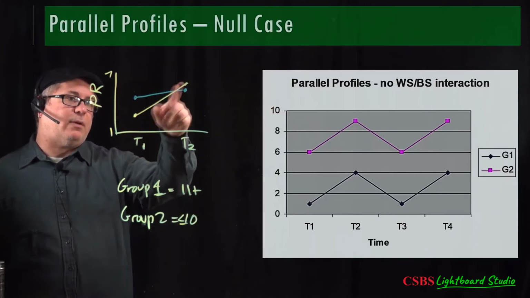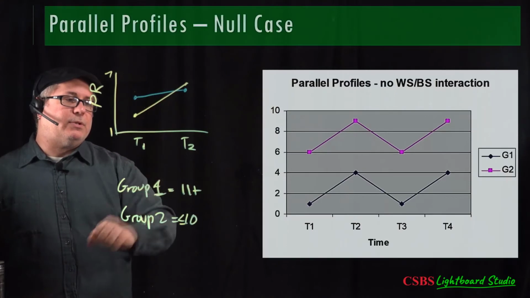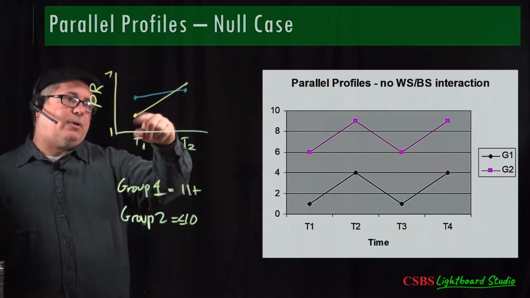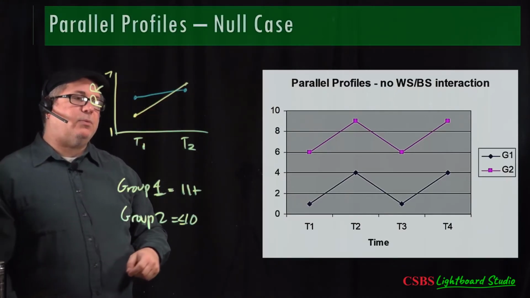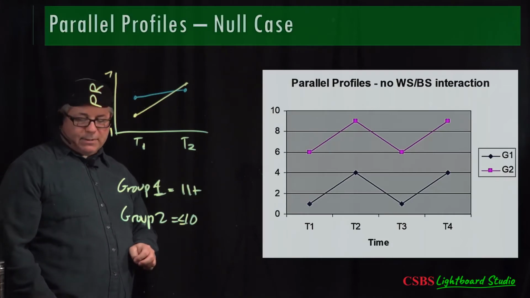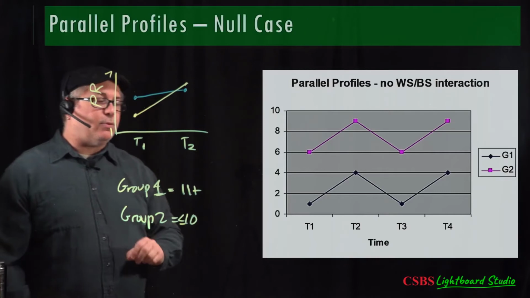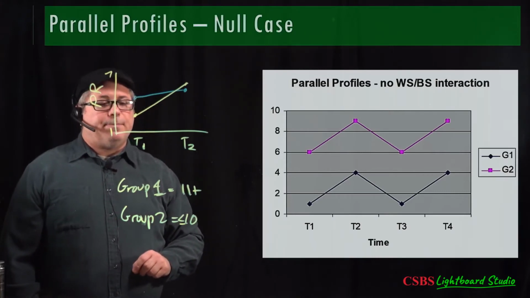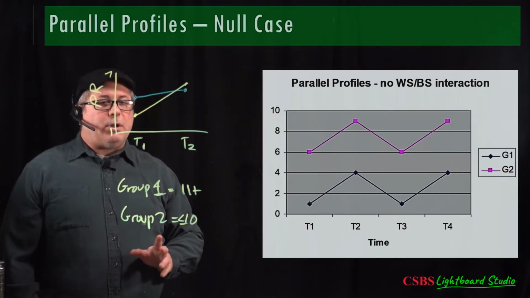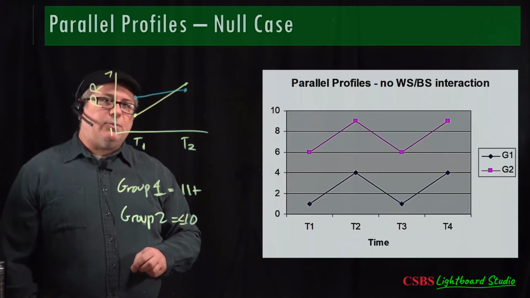Their profiles are not parallel. This is very simple, with only 2 time points, but there's an interaction, so we would reject the parallel profiles test. What else? Would we reject the equal levels test?